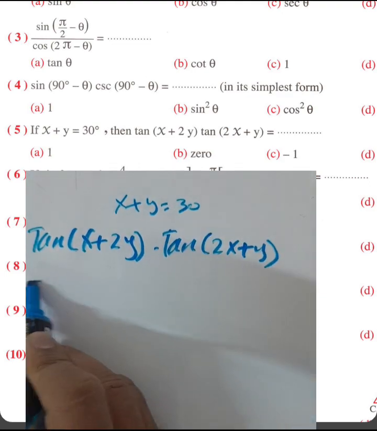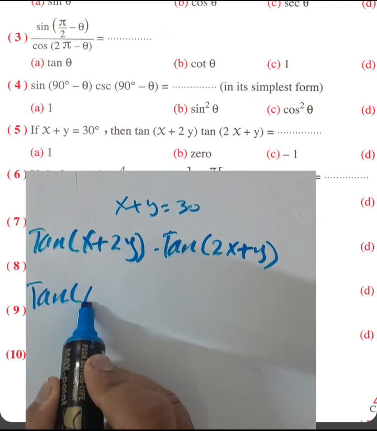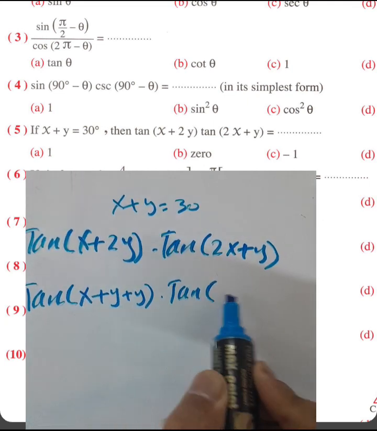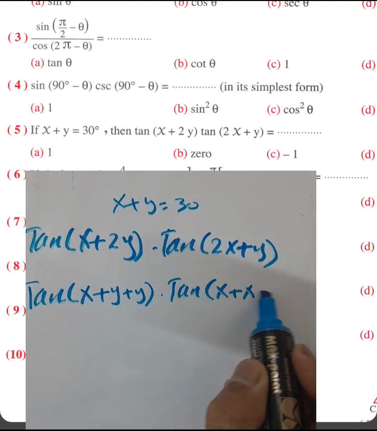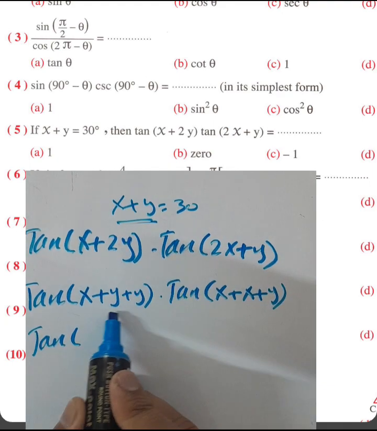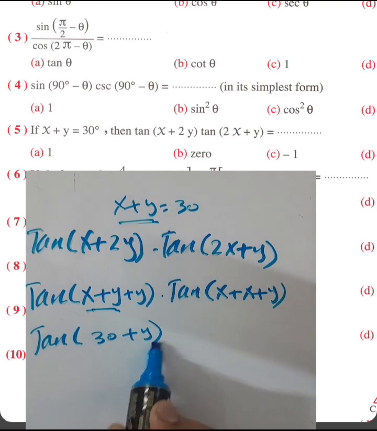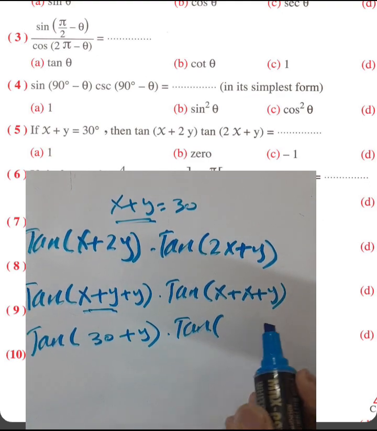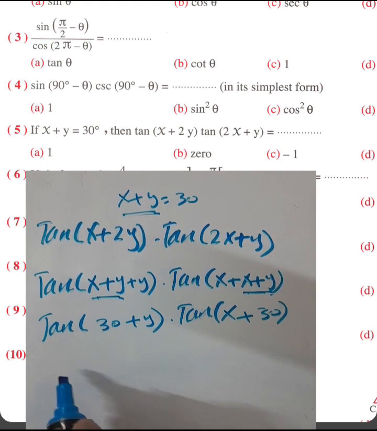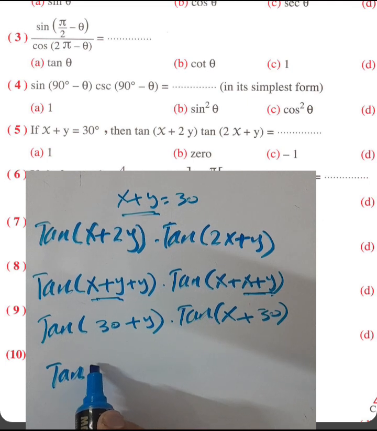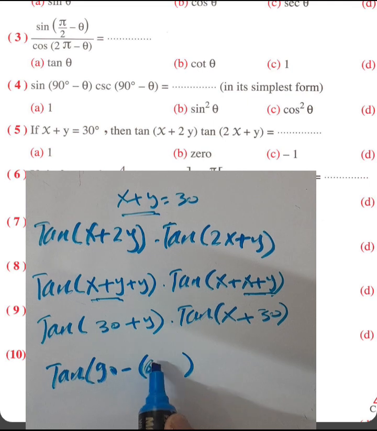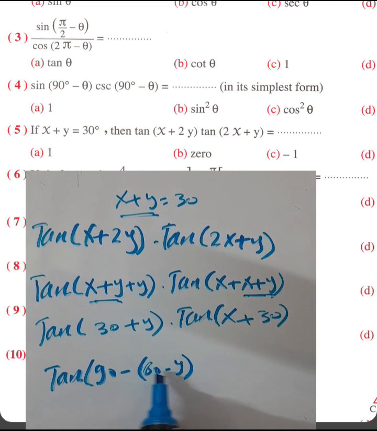You can write tan(x plus y plus y) product by tan(x plus y plus x), and write x plus y equals 30. Write 30 plus y, and here x plus y equals 30, write x plus 30, and then you can write 90 here. 90 subtract 60 equals 30. Negative y, negative times negative equals positive.